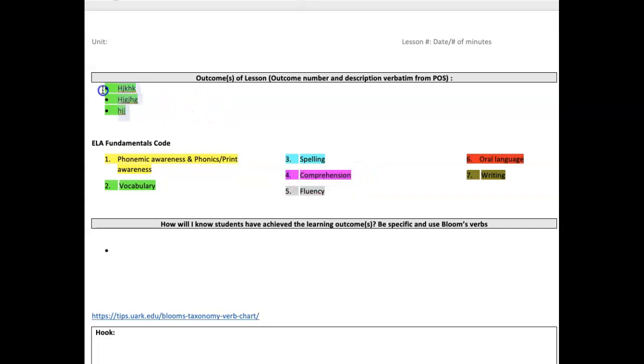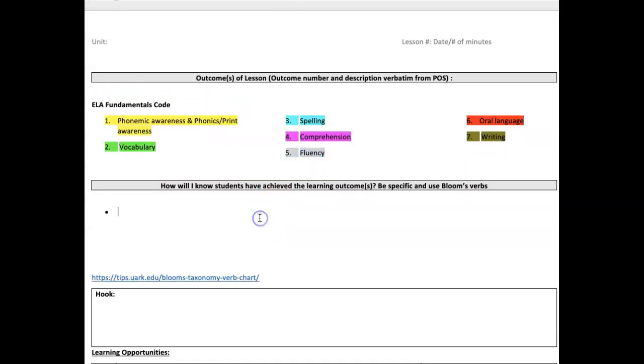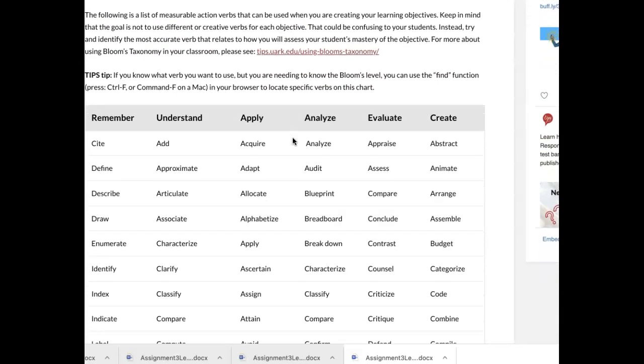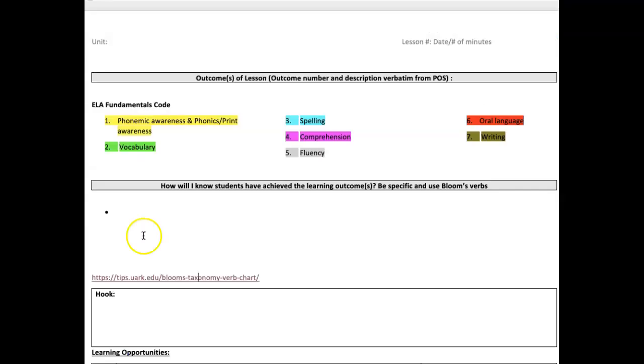And the only other thing that I changed, that I added in, was Bloom's. Use Bloom's verbs, and I added in an actual Bloom's taxonomy verb chart. Let's go there actually. See if I can do it. Basically, when you are writing, actually, let's go back here. When you are writing, how will you know students have achieved the learning outcomes?